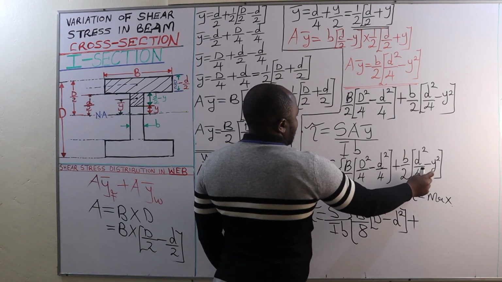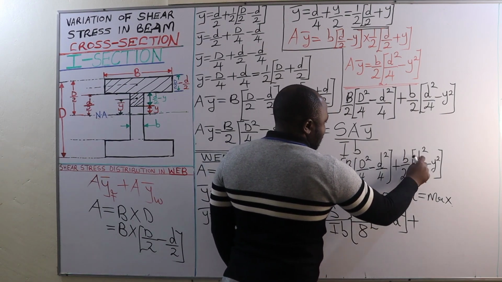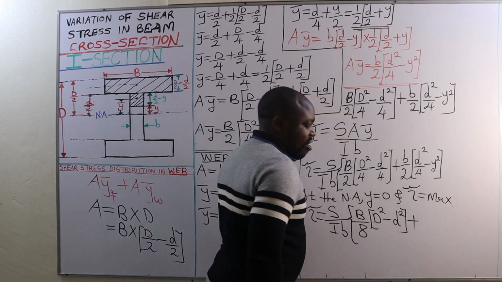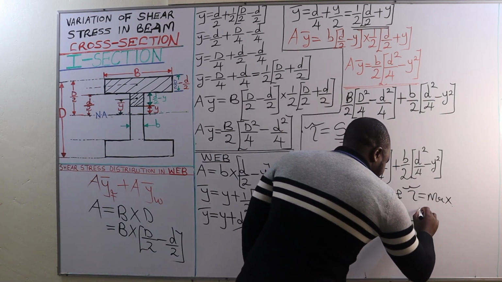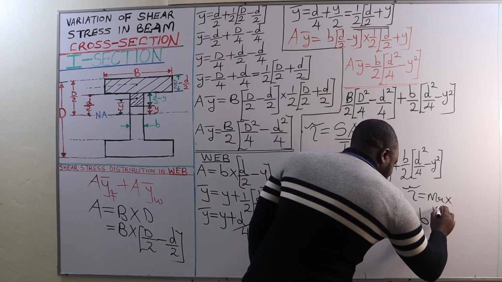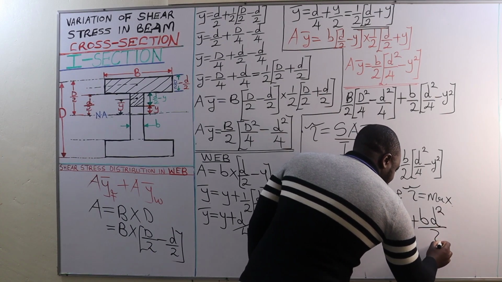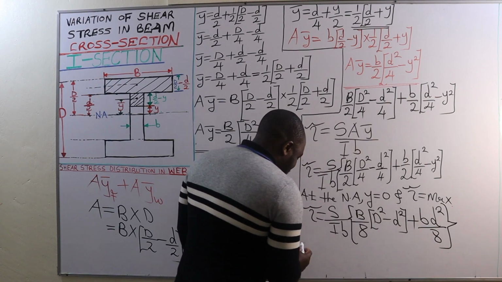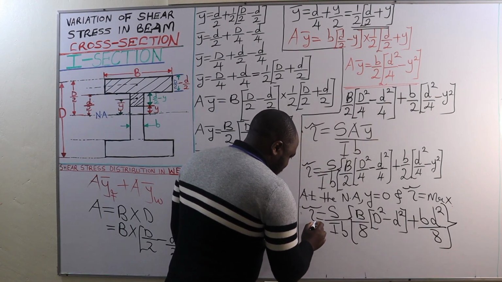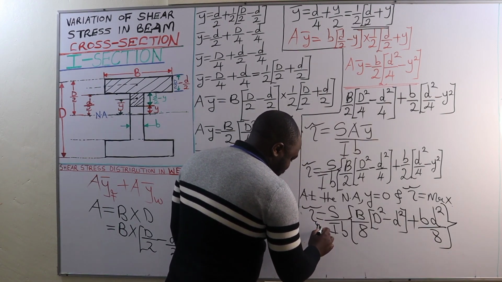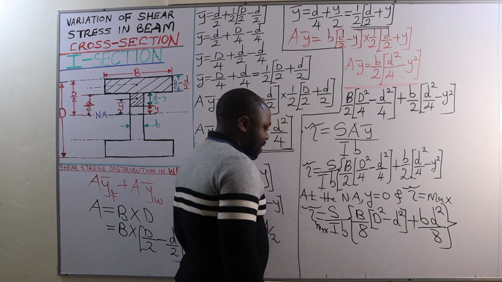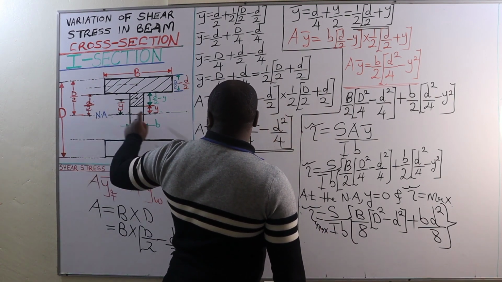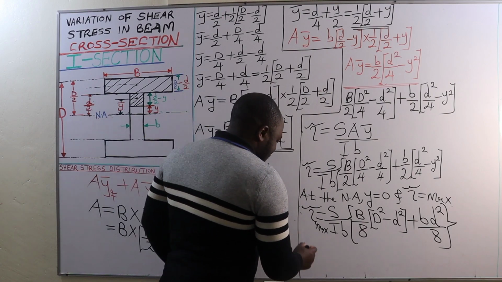So we are going to have bd squared divided by 2 times 4, which is 8. So we have bd squared divided by 8. And therefore, ladies and gentlemen, that is how we get the value of maximum shear stress at the neutral axis of this I-beam section.